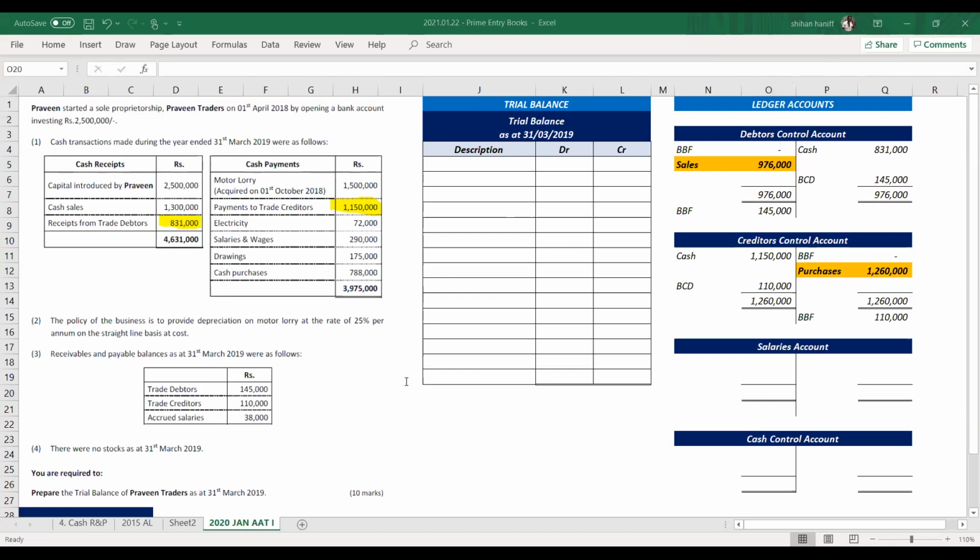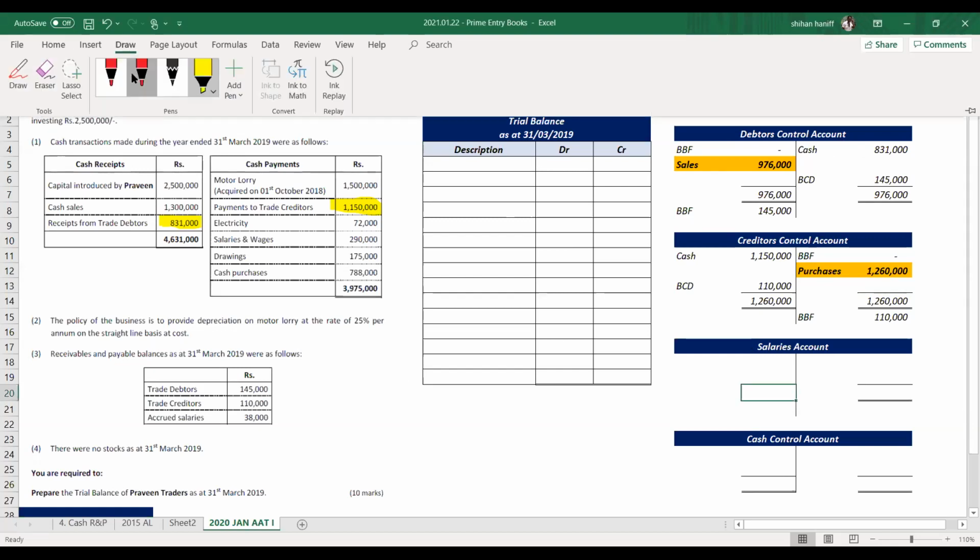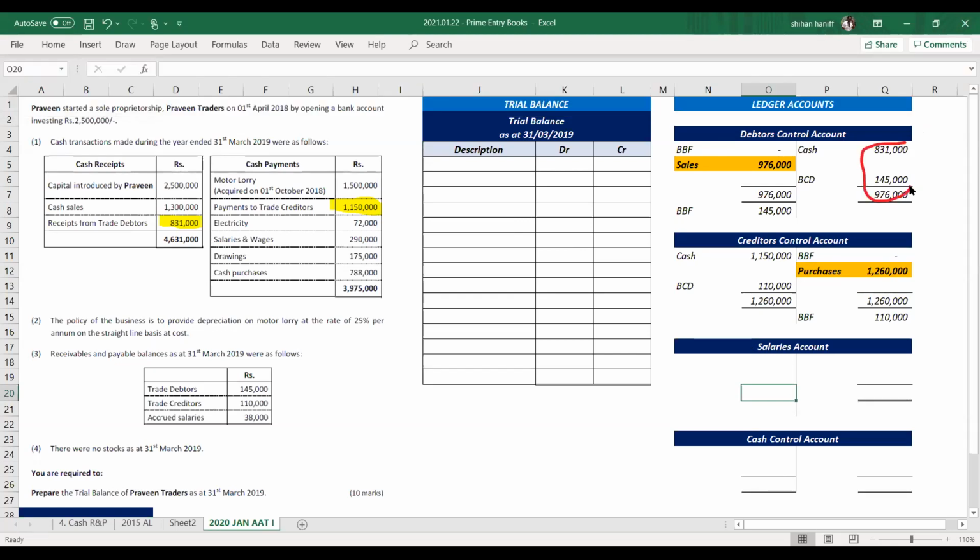There's a question, how did you get sales 976? Sales 976 means the credit side is more. So credit side total is 145 plus 831. You write it here, and the difference is 976. If you remember the first question I did under the debtors control account format, we calculated the sales.